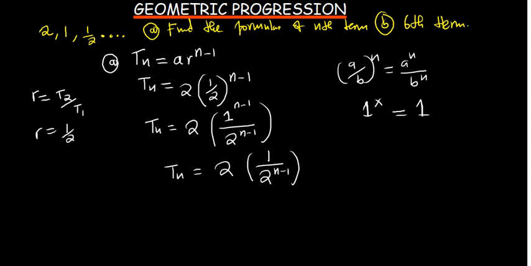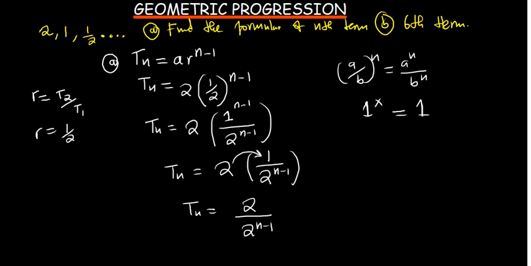Now, reaching this point, since this is now just a 1, it doesn't have any power, I can now multiply. So we're going to have the nth term is 2 times 1. You've seen I couldn't multiply with this one. Why? Because the 1 had a different power. But now since 1 doesn't have anything, I can now multiply. So 2 times 1, that would be a 2 over 2 to the power n minus 1.